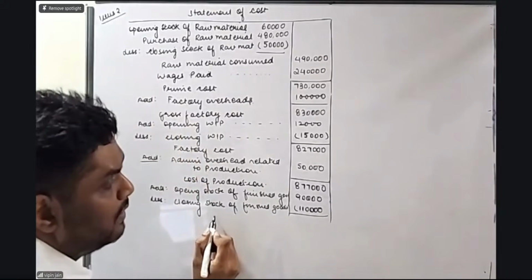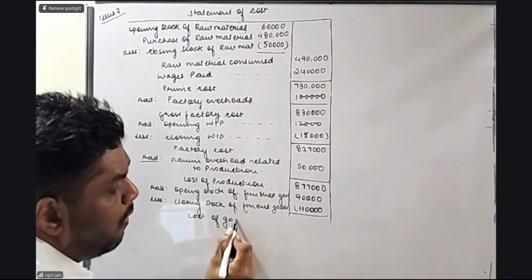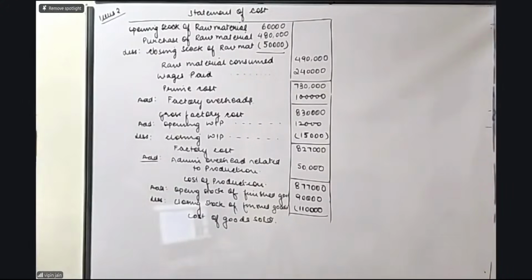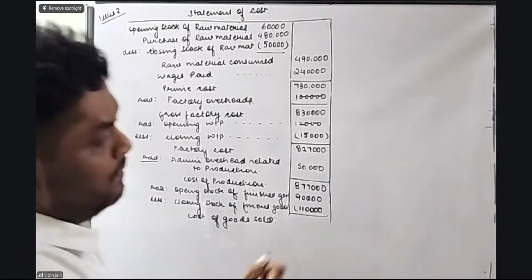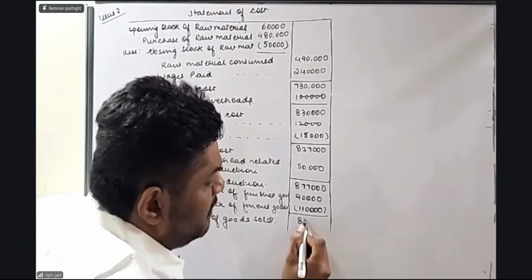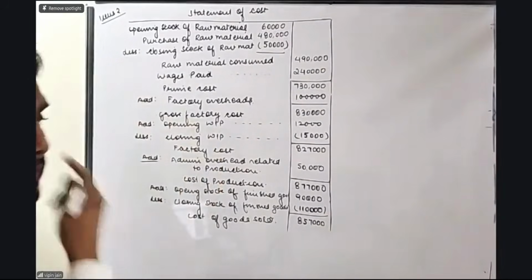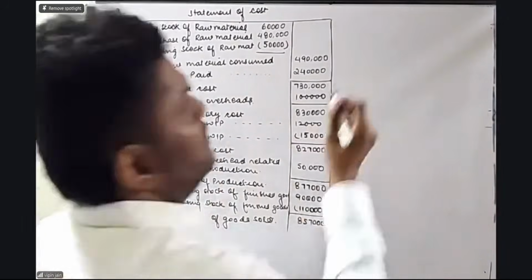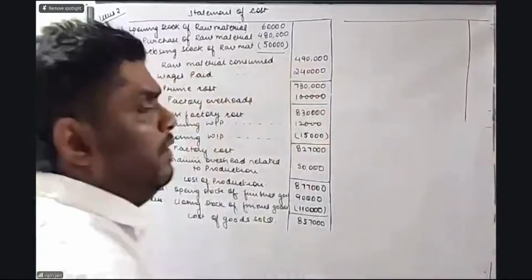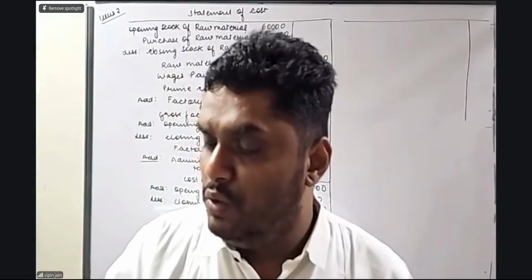We will get cost of goods sold, that is 8,57,000. In cost of goods sold, we will add all the administration overhead, general and selling and distribution overhead.